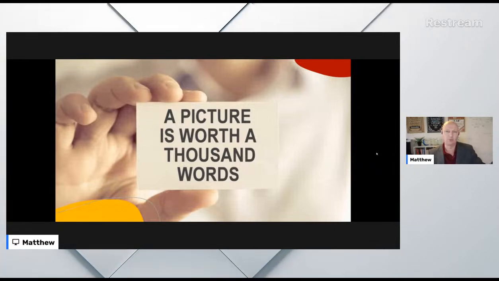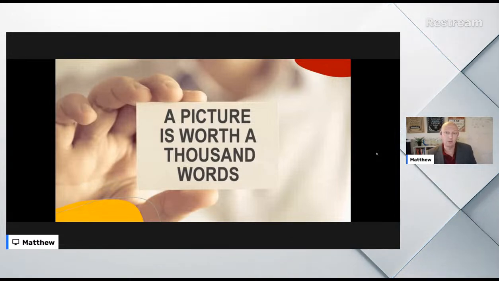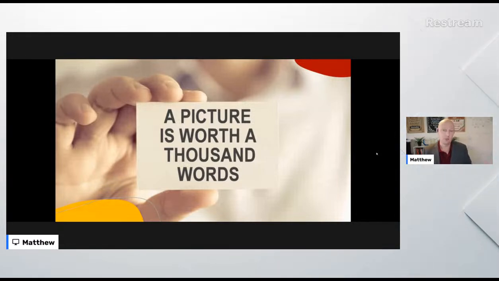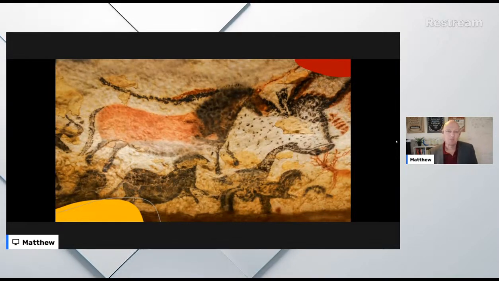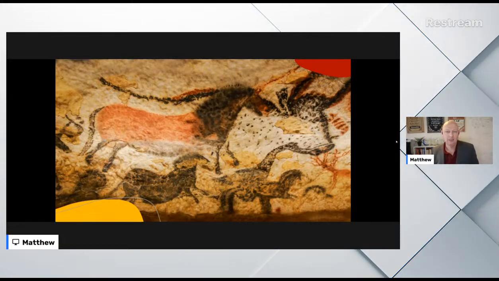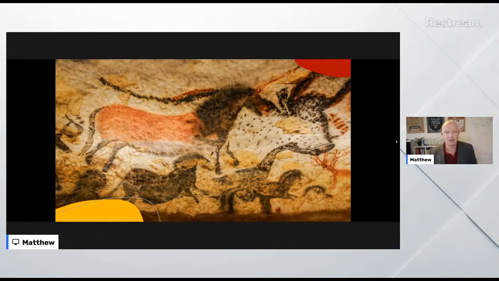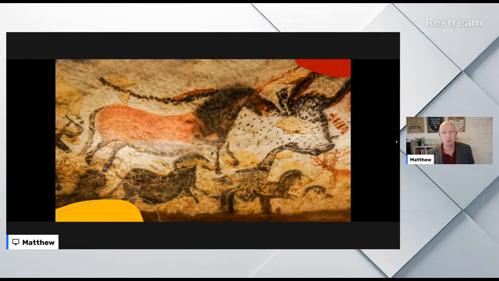If you ask someone to read a lot of stuff, their eyes are going to glaze over. They're not going to be overly interested. Whereas with a visual model, you're actually going to attract their attention. Because the reality is that the writing's been on the wall for quite a while around how effective visuals are. Going back to caveman times, before there was any defined form of language, visuals were being used.